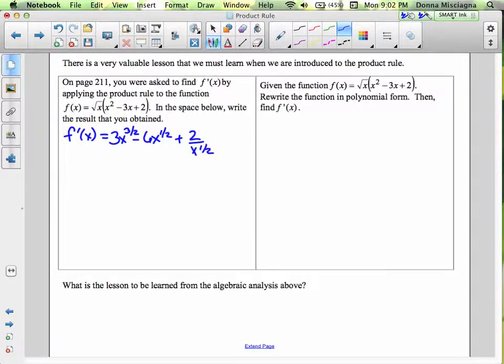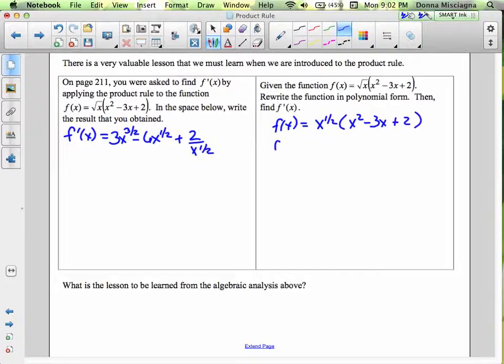All right, so we're going to rewrite it in polynomial form, and hopefully we get the same answer. All right, so f of x equals this would be x to the 1 half times x squared minus 3x plus 2.